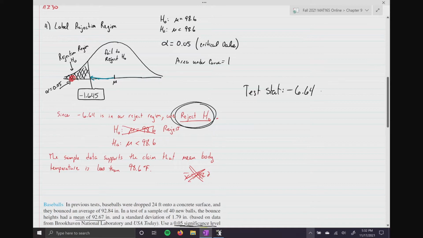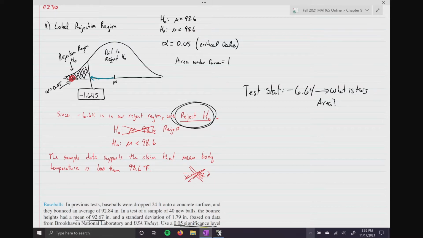The question becomes, what is this area inside the body of the z-score table? Remember, this test statistic is a measure away from the mean. It's a z-score.